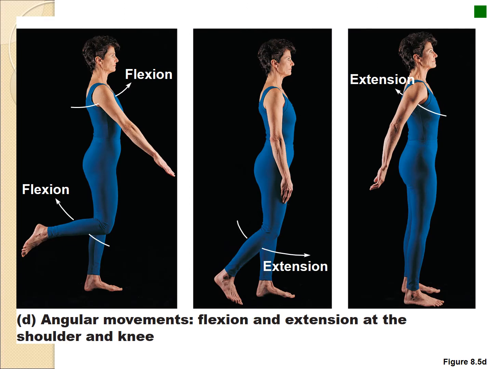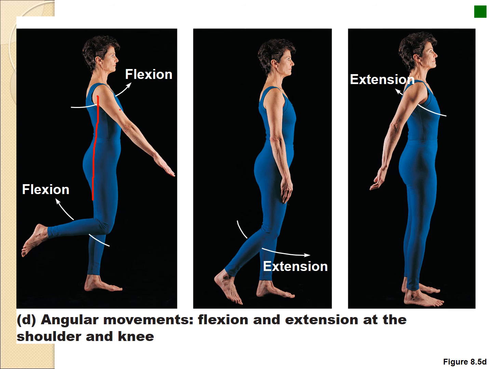In the appendages, flexion and extension. Again, we have to pay attention to anatomical position. When you're moving towards the front, you're decreasing that angle. So for the upper arm, at the shoulder, that's your 0 point, your 180.